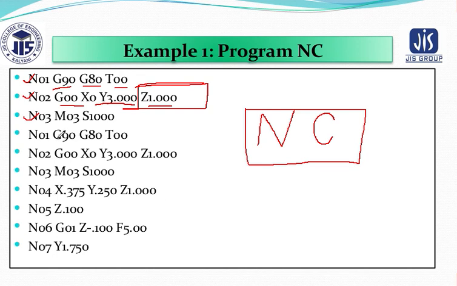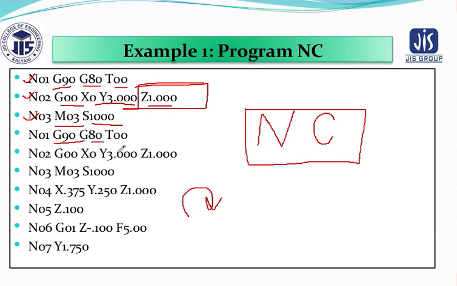Okay. Now you have used M03, that is your spindle has already started and it will rotate in the clockwise direction. Next you have used S1000, that is your spindle speed, considered as 1000 RPM. G90, I have already told, is your absolute code.